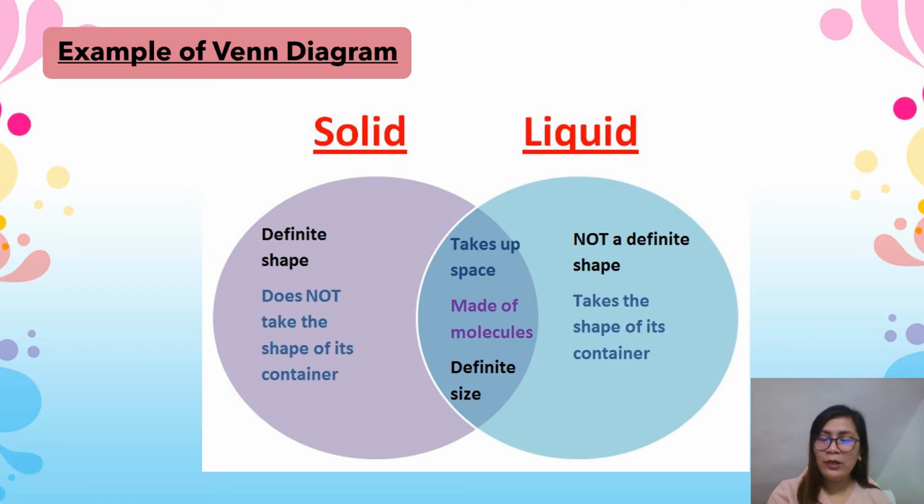How about one characteristic of solid? It has definite shape. How about liquid? Not a definite shape. Very good. So that's how you read a Venn diagram. Very good. It seems that you are well informed and well practiced in doing this kind of Venn diagram.